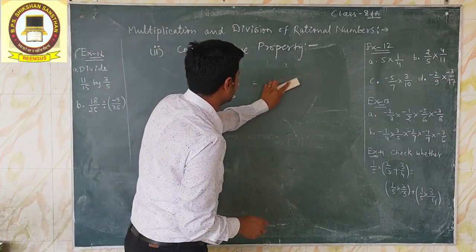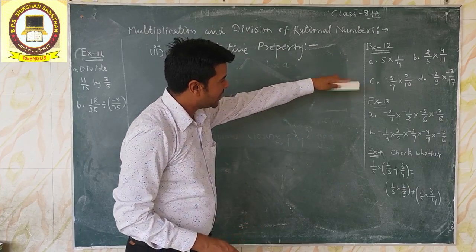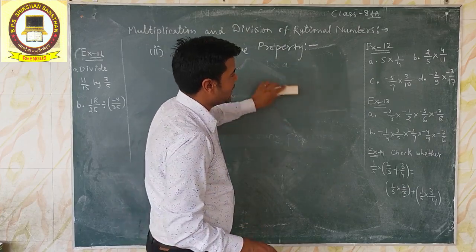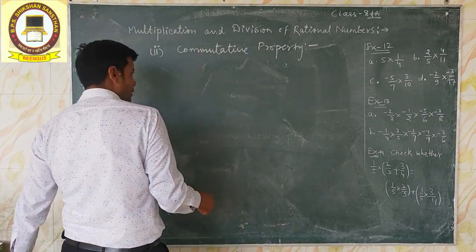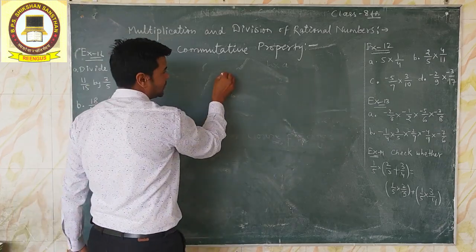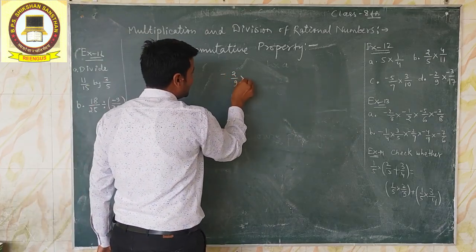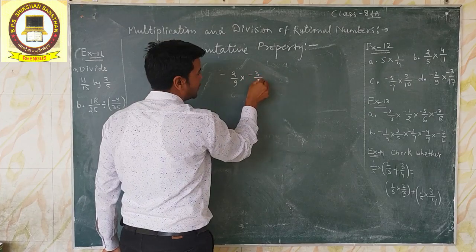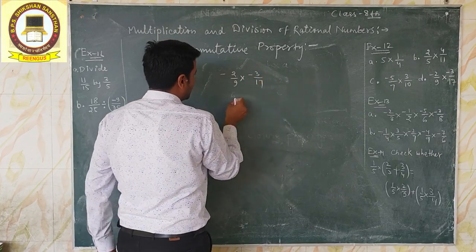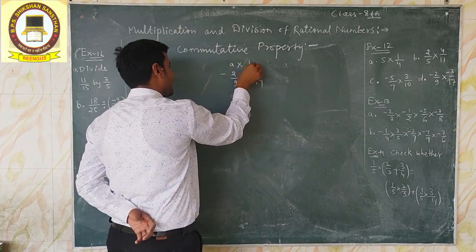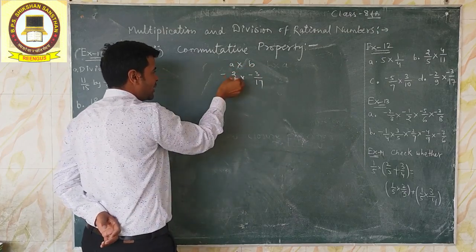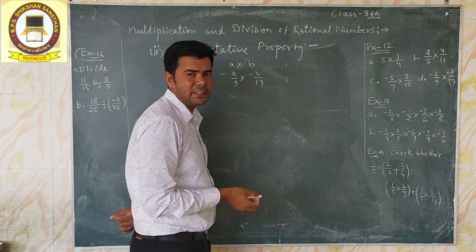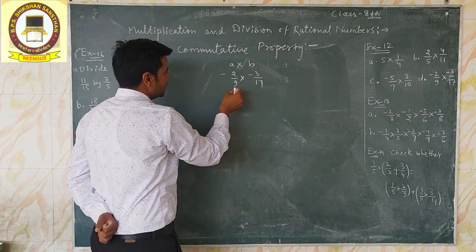Now for rational numbers, pick any example. We solve the D example again: minus 2/9 into minus 3/17. This is A into B. Here we write 2/9 first and then minus 3/17.